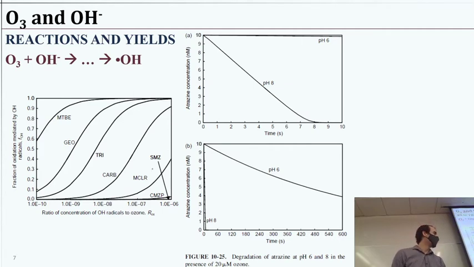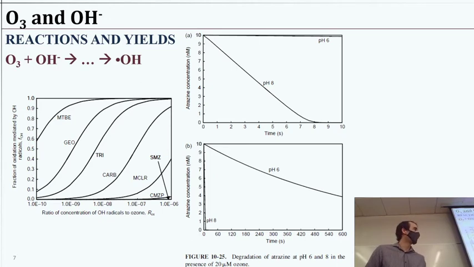The figure on the left here, this is the fraction of oxidized compounds mediated by hydroxyl radicals. So the fraction, so some degradation happened. What fraction of that was mediated by hydroxyl radicals compared to ozone itself? So ozone can react with stuff, and these hydroxyls are reacting with stuff.